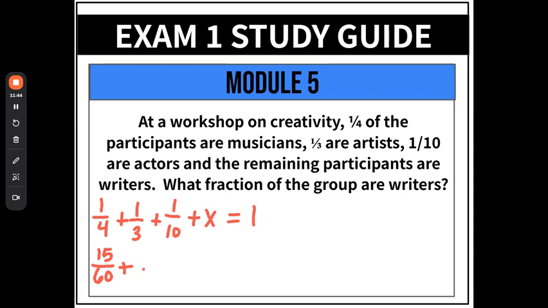Here I can change my denominator into 60. 3 times 20 gives me 60, so I'll multiply by 20 on the top as well. And then if I want my denominator to be 60 here, multiply by 6, and the top gets multiplied by 6 as well.